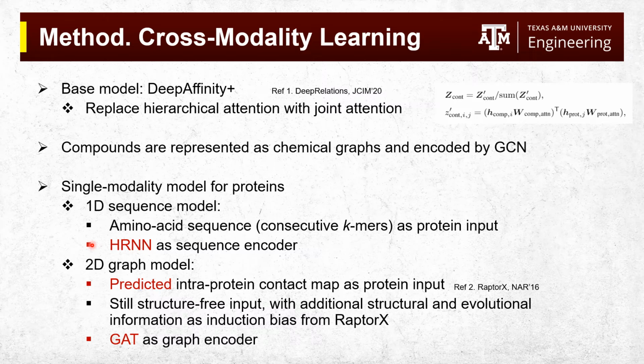Separately, we use a hierarchical RNN as the sequence encoder and a graph attention network as the graph encoder. Notice that our graph modality model is still structure-free, because we use the structure predicted by a protein structure predictor, but such structure inductive bias is encoded from the predicted algorithm, as shown in RaptorX.